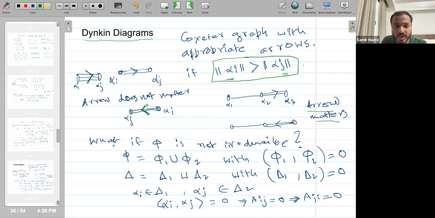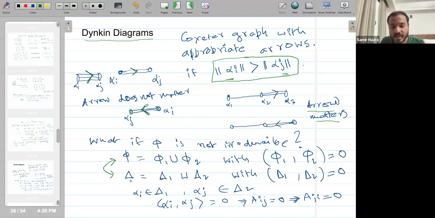So now, what happens to the Dynkin diagrams when phi is not irreducible, which means phi is reducible. So if phi is reducible, we can actually write phi as a union of phi 1 and phi 2, of course disjoint, with this orthogonality condition. Then equivalently, this is if and only if, I can prove this, it's very easy to see.